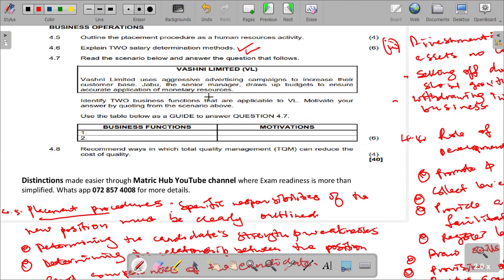So in this regard, business functions that are applicable here: we have got a marketing function, as it is supported by aggressive advertising campaigns.